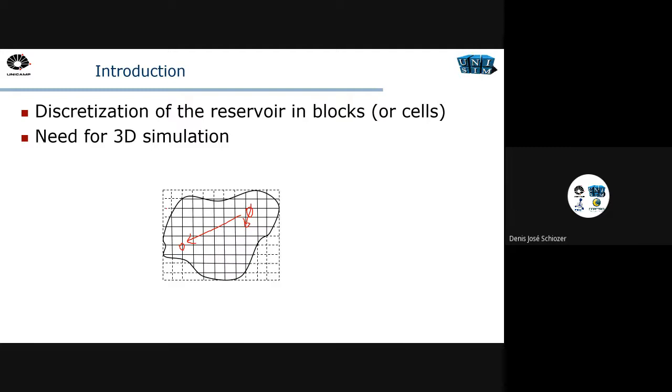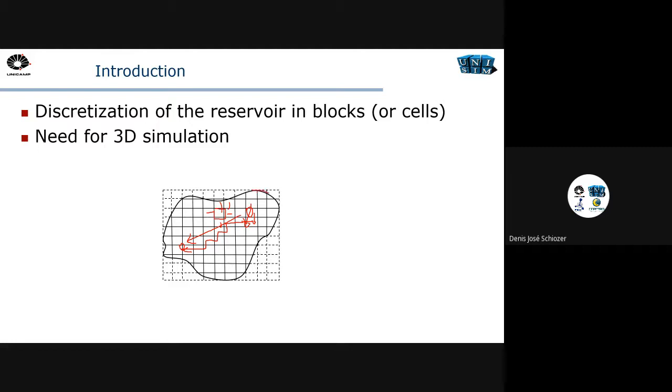I'm going to write this by putting reservoir simulation blocks here, simulating the mass from here to here, from here to here, and so on. So the mass will be simulated by taking each of these blocks and writing the conservation equation: the mass that's going in, going out, and accumulating in each block.